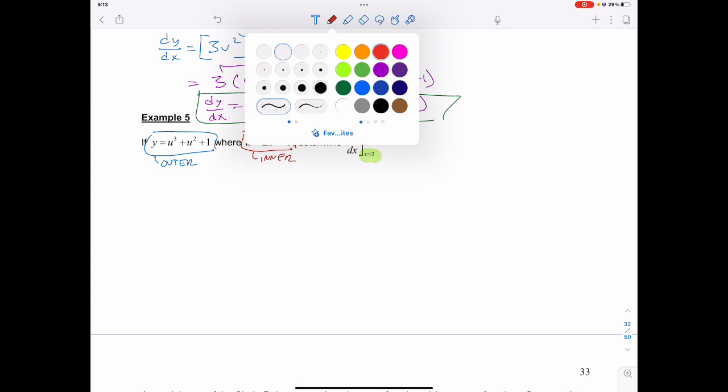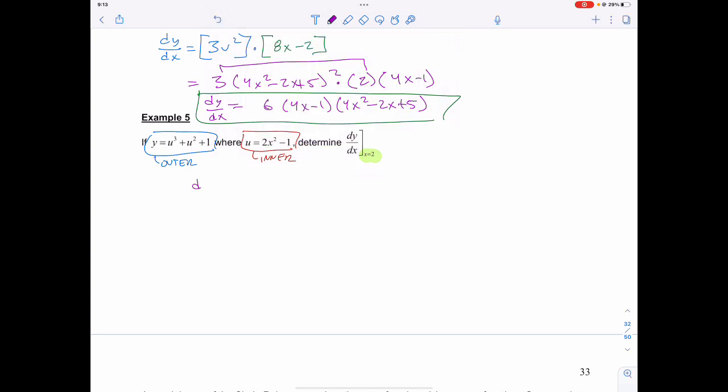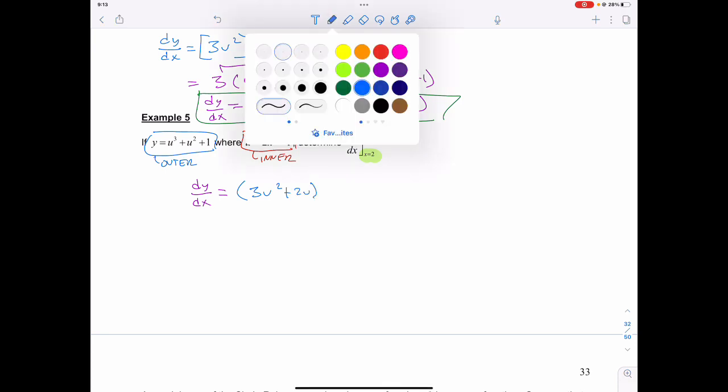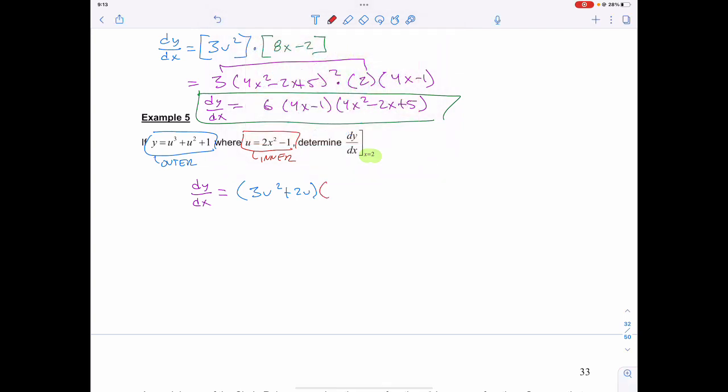And we know that dy over dx is equal to the derivative of the outer, which is going to be 3u squared plus 2u, times the derivative of the inner. The derivative of 2x squared minus 1 is just 4x.